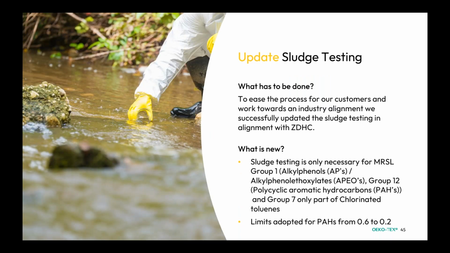Coming back to sludge testing, it is now only necessary for MRSL Group 1, so AP, APEO, and APEOs, for Group 12, which are the PAH, and Group 7, only part of the chlorinated toluenes. The limit has been adapted for pH from 0.6 to 0.2.